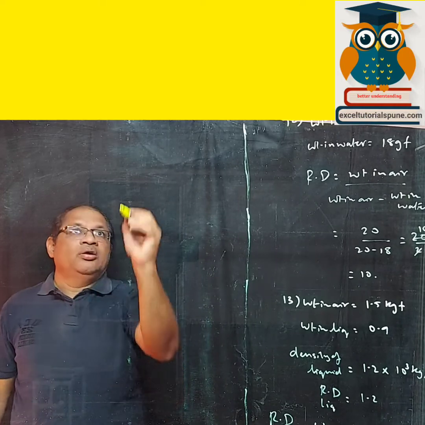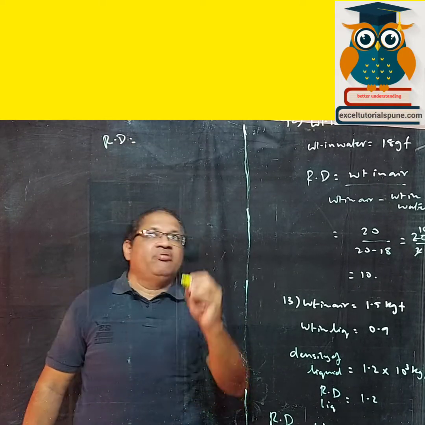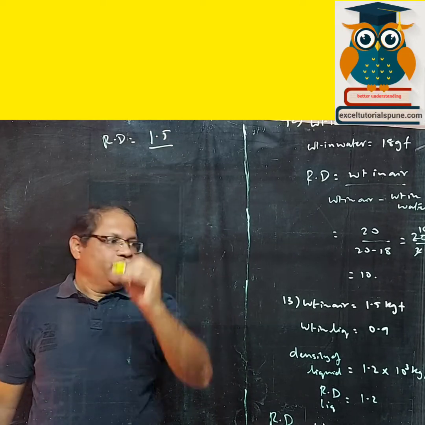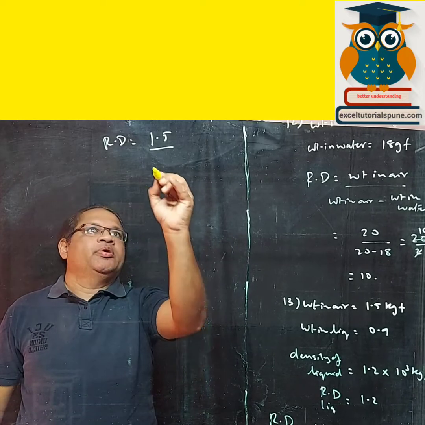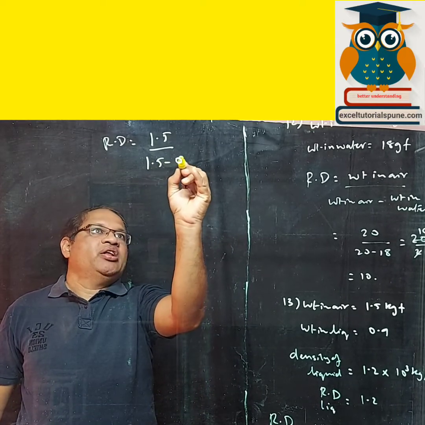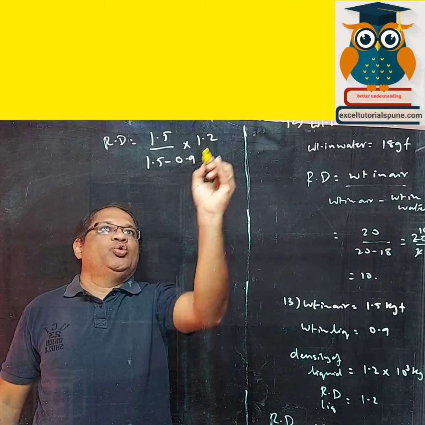Okay, so then what will be the weight in air? 1.5. Then weight in air minus weight in liquid, 1.5 minus 0.9, into the relative density, that is 1.2.